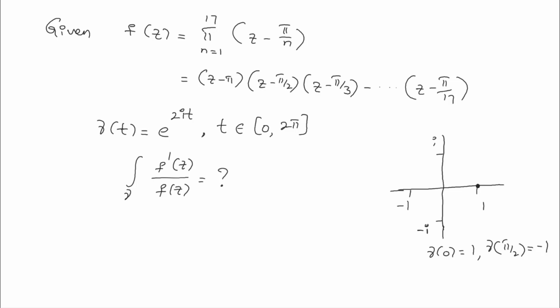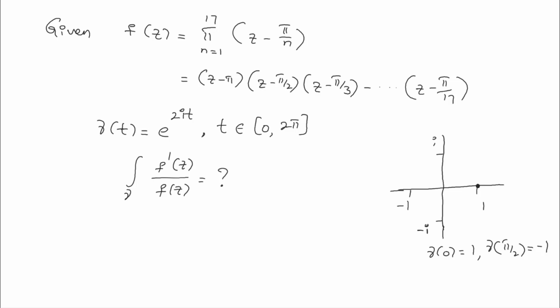But the question here is, does it travel in the clockwise or anti-clockwise direction? For that, we can simply check by taking another point in between 0 and pi by 2. Let me take the point gamma of pi by 4. You can check its value: gamma of pi by 4 is I.